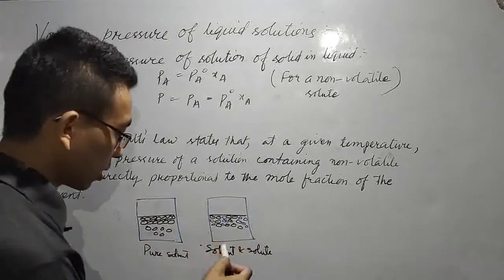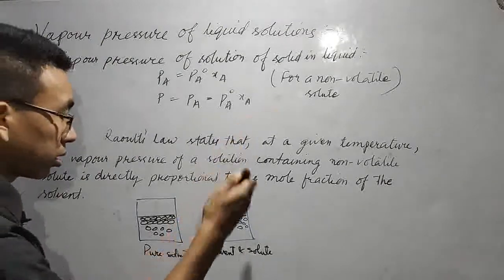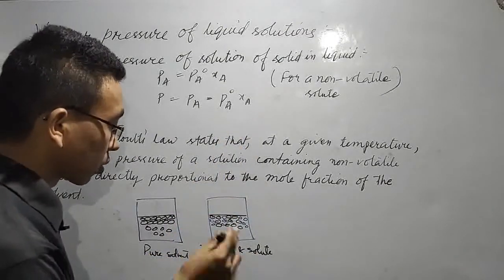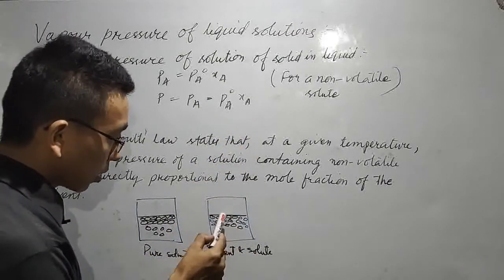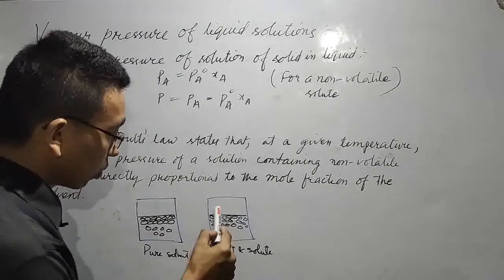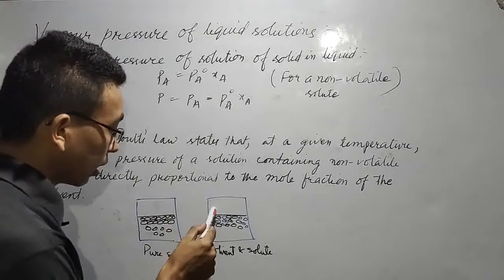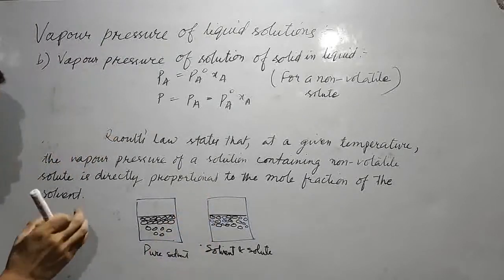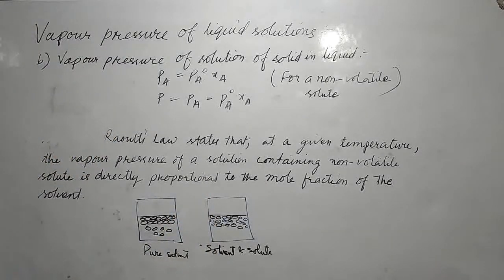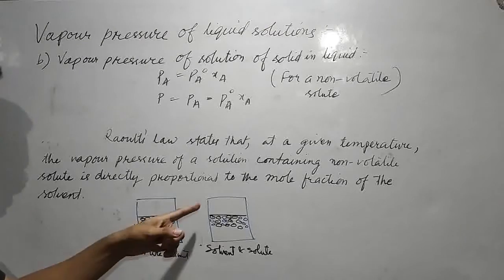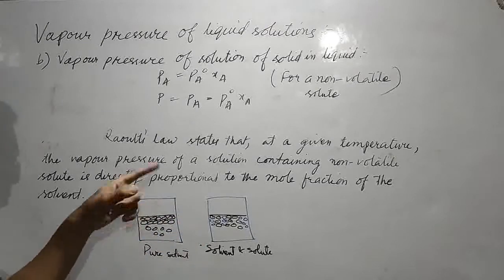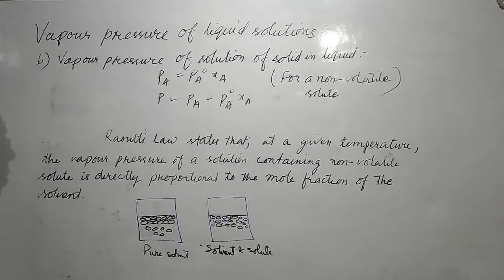But when a non-volatile solute is mixed with the volatile solvent, some of the surface is also occupied by the non-volatile solute. So there will be a lesser number of solvent molecules escaping into the vapor phase. Since it has fewer solvent molecules escaping, the vapor pressure will decrease.